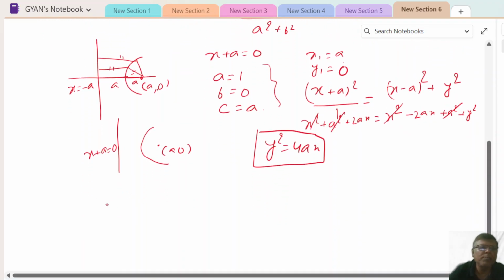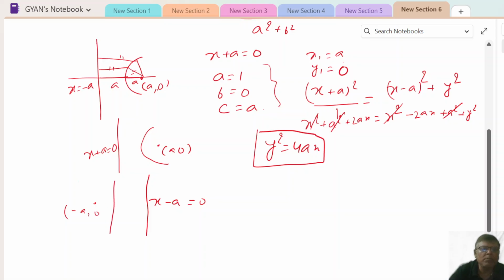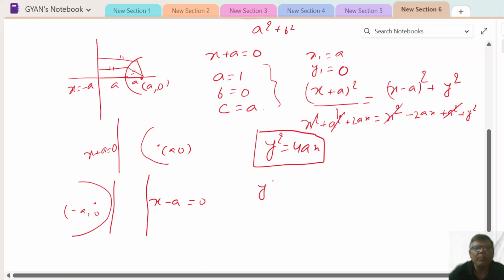Now, if we put a as minus a, then x minus a is equal to 0 is the directrix and the focus is (minus a, 0). So the parabola will be like that, and the equation will be y square is equal to minus 4ax.